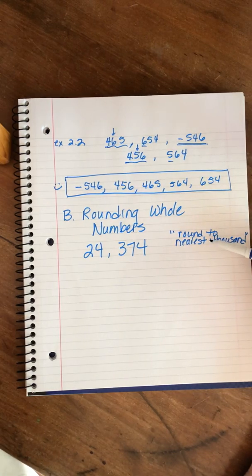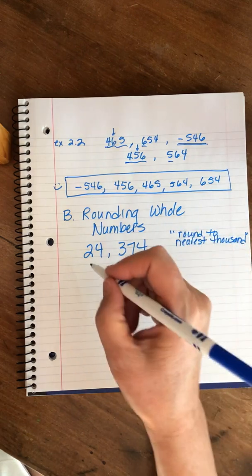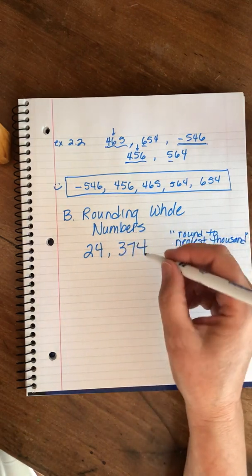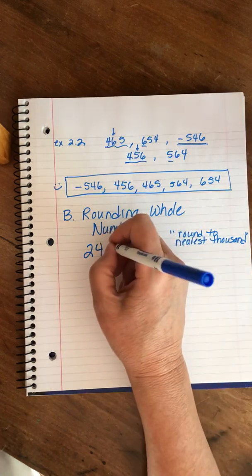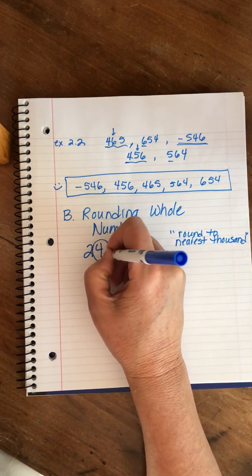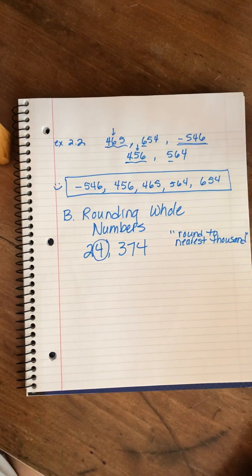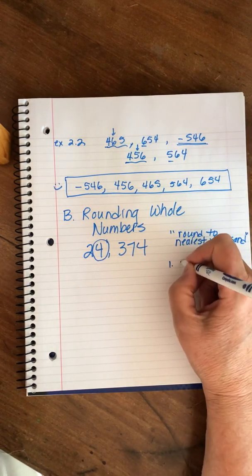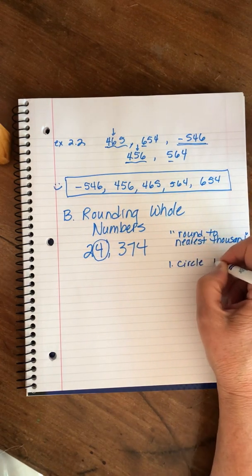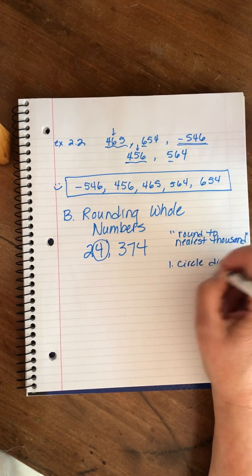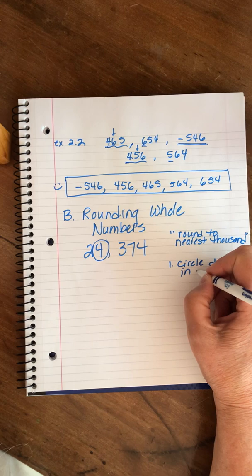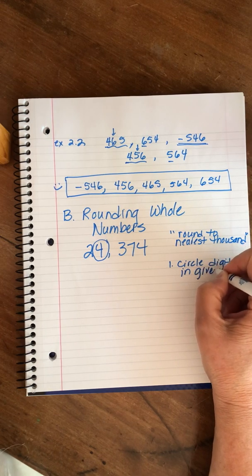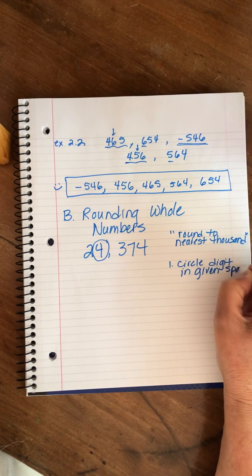So when we see the instruction, the first thing we do is we go to the number and we circle the digit in the place that we're trying to round to. So thousands place has a 4 in it. Okay? So that's the first thing we do, we circle the digit in the given space.